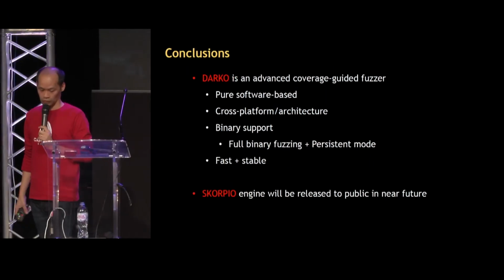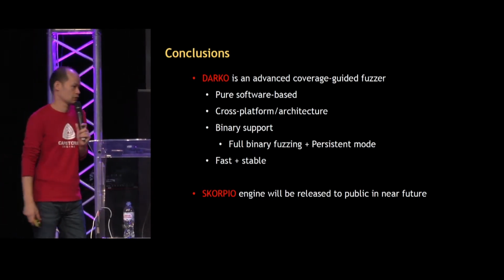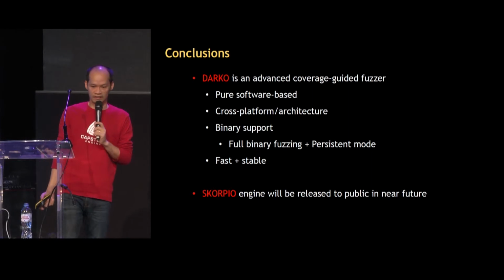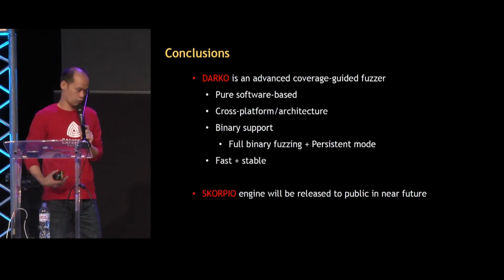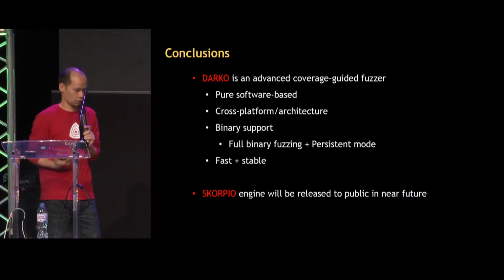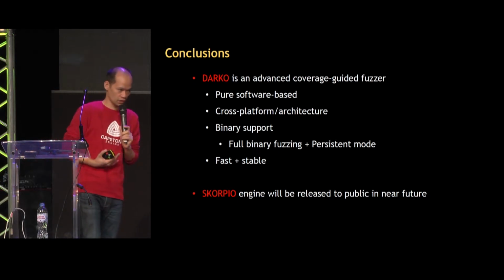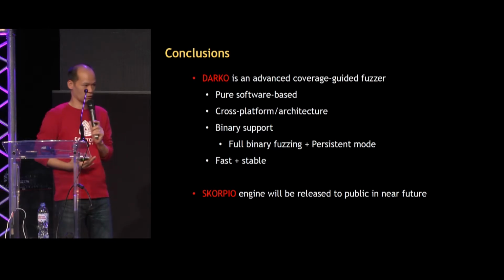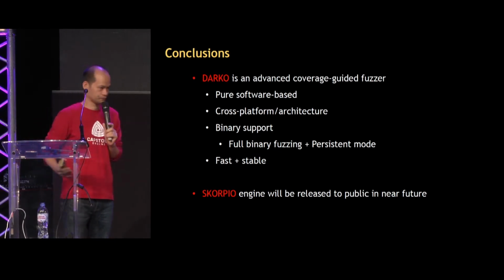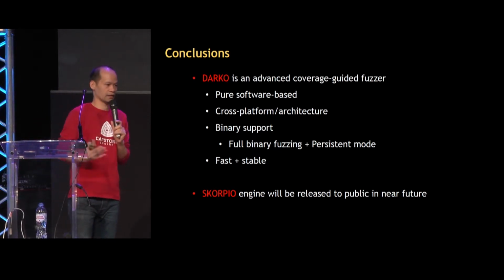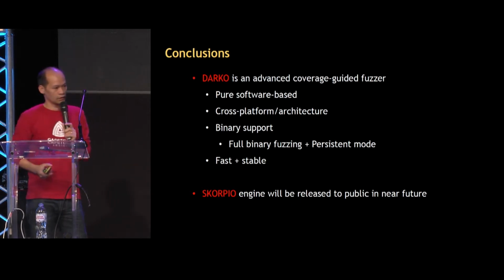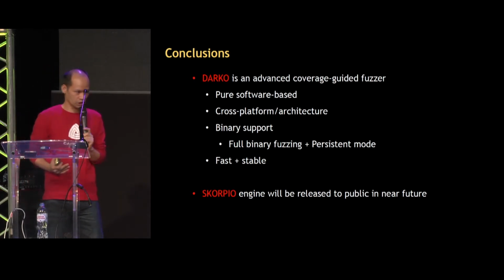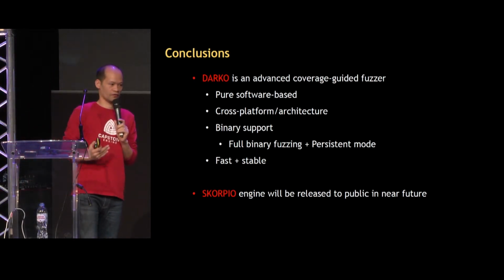Okay, so we conclude our talk. We say that Darko is an advanced guided fuzzer. We built it from scratch using our own instrumentation frameworks. It's pure software based. We don't use any CPU support with Darko. So you can run Darko anywhere, inside any virtual machine, for example. Darko supports many platforms and many CPU architectures, and we focus on fuzzing binaries.